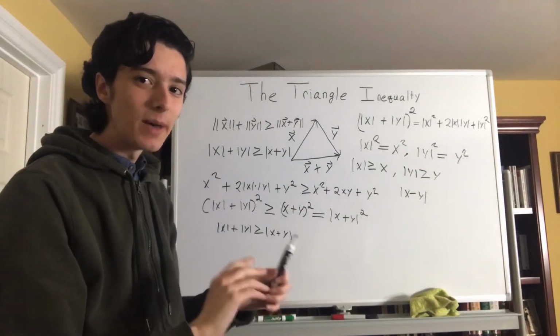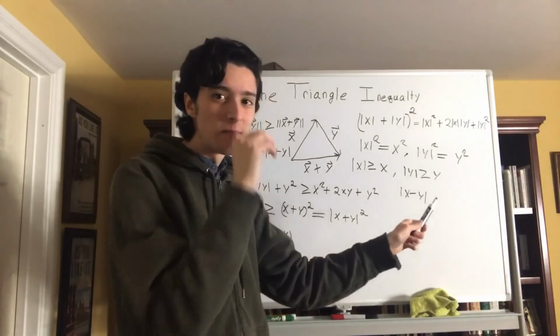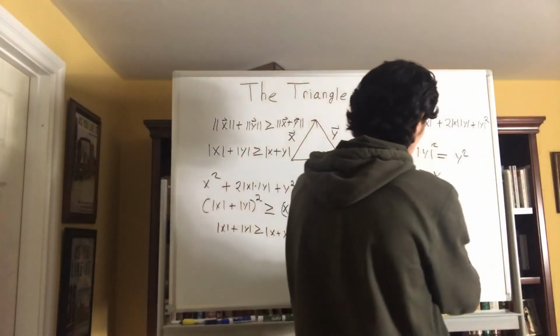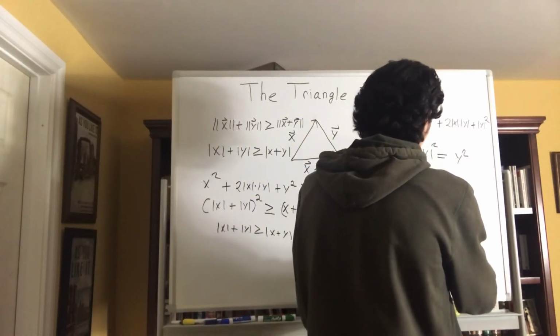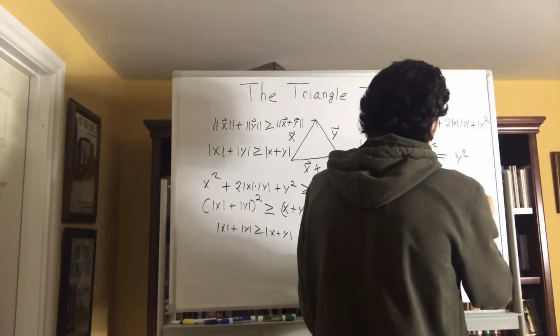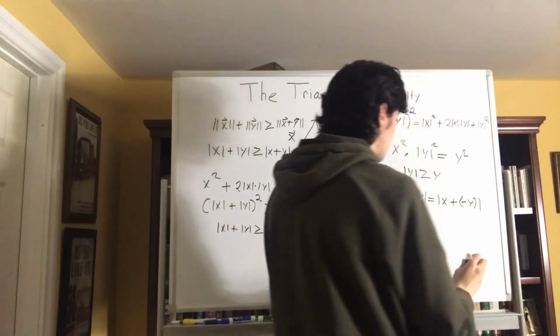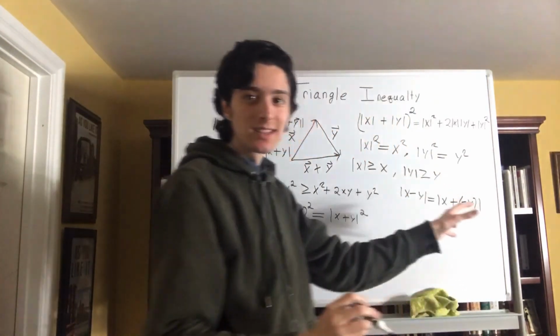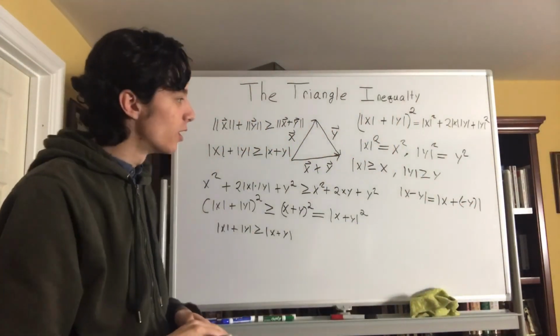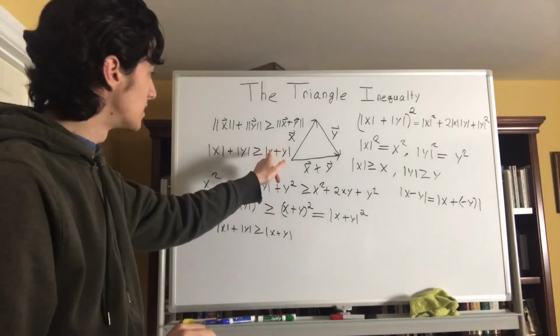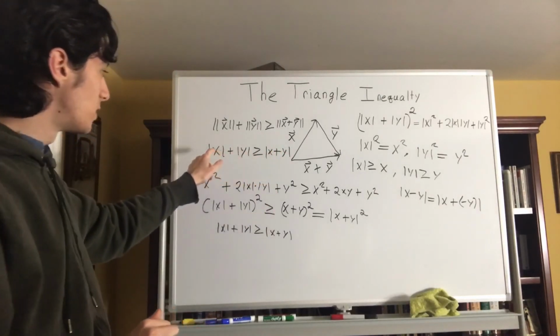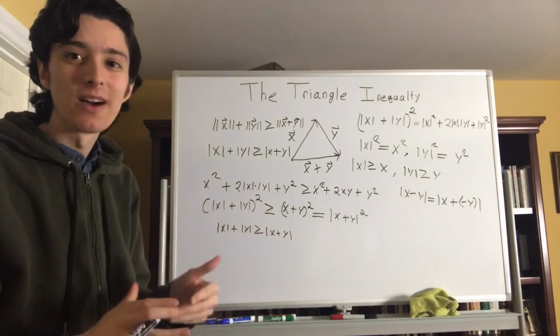Well, we can think about it. x minus y is the same thing as saying x plus negative y. And x plus something, we know that this absolute value is less than or equal to the absolute value of x plus the absolute value of that something.